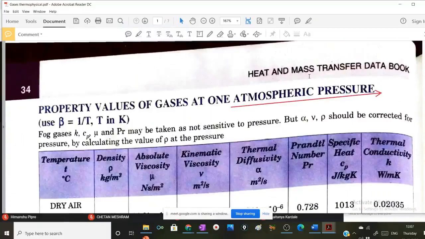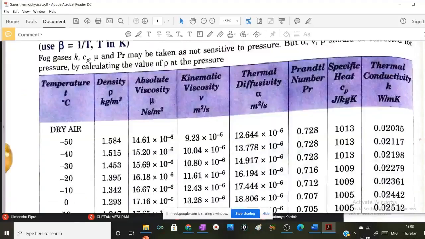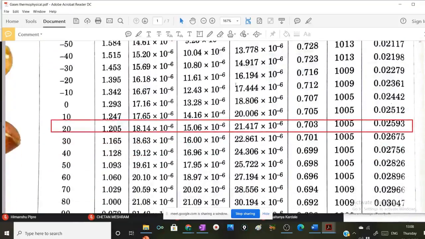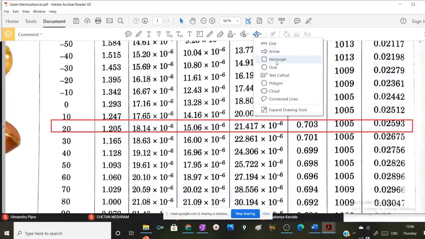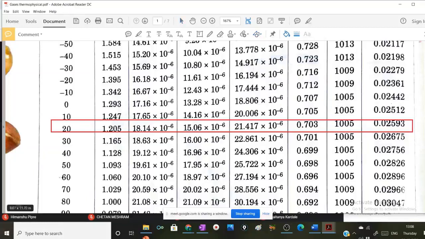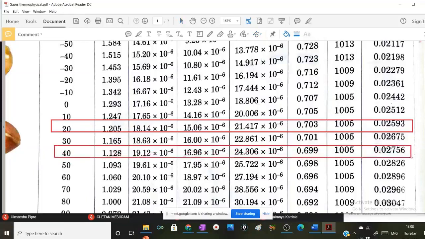So this is page number 34, and in our case it is given air is flowing over a flat plate at 1 atmospheric pressure, and it is air. So flowing fluid is dry air and its reference temperature is 40 degrees Celsius. So which set of values I am going to take? This one. So at 40 degrees Celsius, I will be enlisting all those values.